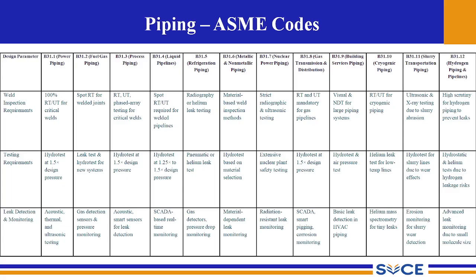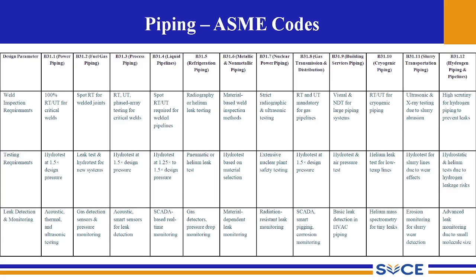Then we have to provide a hydro test, that is filling the tank or the pipeline with water at 1.5 times the design pressure. Then we need to go for the leak detection and monitoring tests by using acoustics, thermal and ultrasound testing. Then weld inspection requirements, we have to go for the spot radiography technique for welded joints.